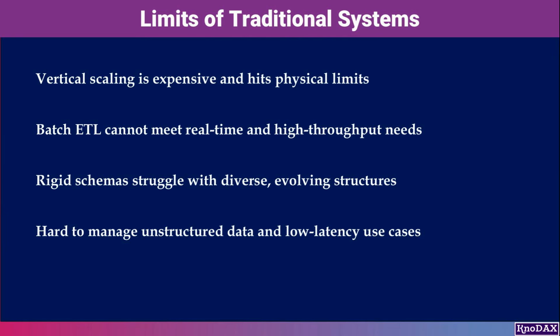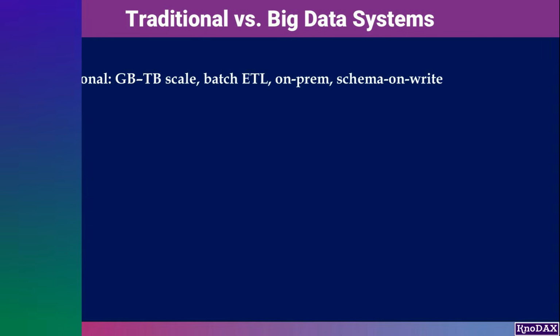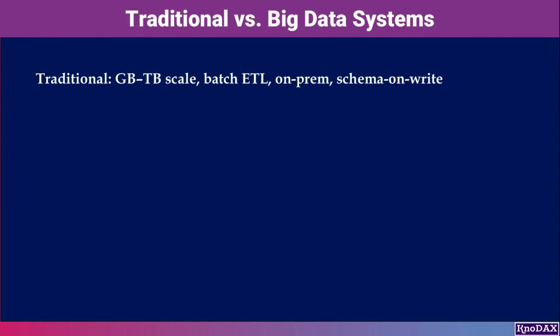All of these limitations created the need for new architectures and frameworks, which leads us naturally into how big data systems address these challenges. Building on those limitations, we can now clearly see the contrast between traditional data systems and modern big data platforms.